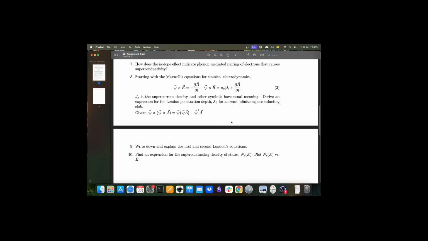Okay, so this is also for a particular structure, which is a semi-infinite superconducting slab.